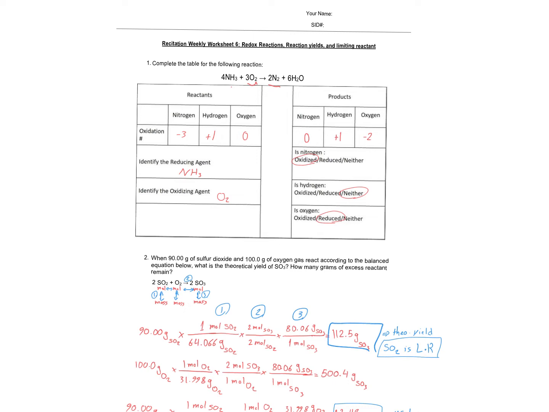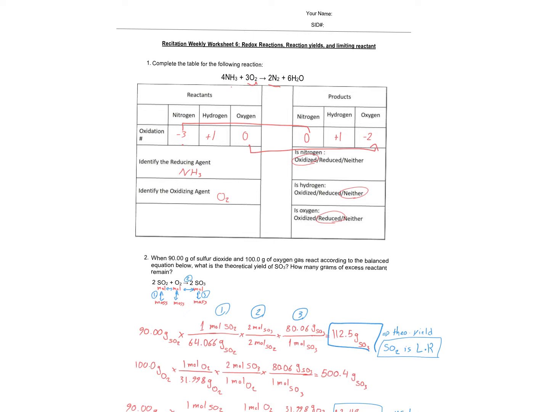And nitrogen, going from -3 to 0, is going up, so it's oxidized. And oxygen, going from 0 to -2, is going down, it's reduced. So the oxidation number is reduced, so the oxygen is reduced. And nothing happened to hydrogen, so it's neither the reducing agent nor the oxidizing agent.